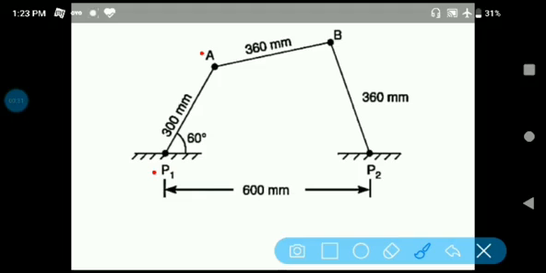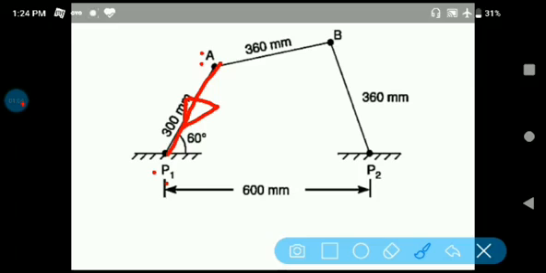That means here we are going to find the normal component of acceleration of point A relative to P1. P1 is the center point. So the direction of the normal component will be along the link AP1 and towards the center. Okay, so that means the line of action will be along line AP1 and directed towards point P1, that is downwards.